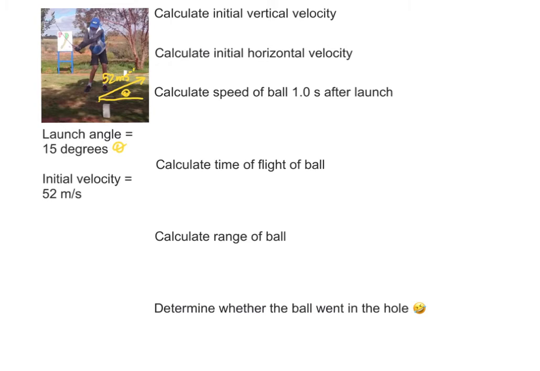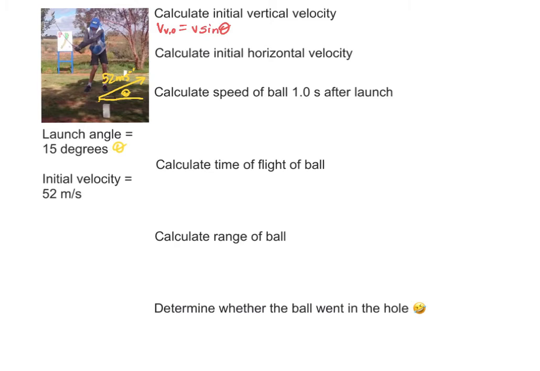The first thing we need to do is calculate the initial vertical velocity. So the initial vertical velocity, we can go v, and we'll show it's the initial by putting a 0 there, equals v sine theta. Now, always important, this is a place I see a lot of people lose marks in exams.